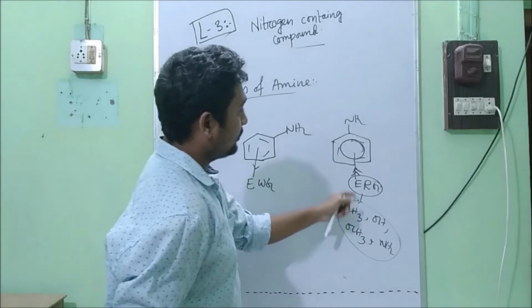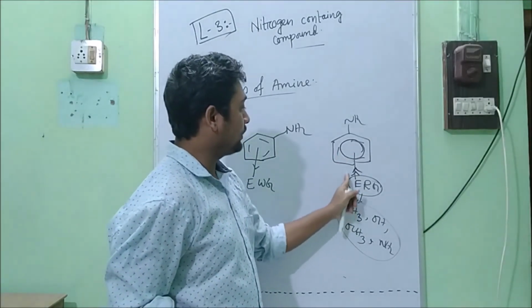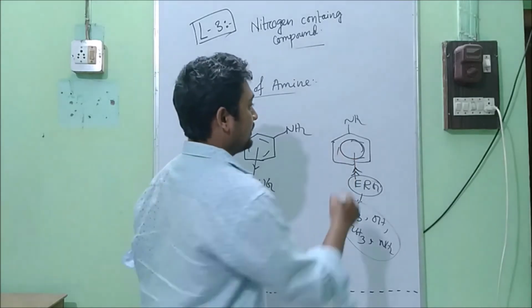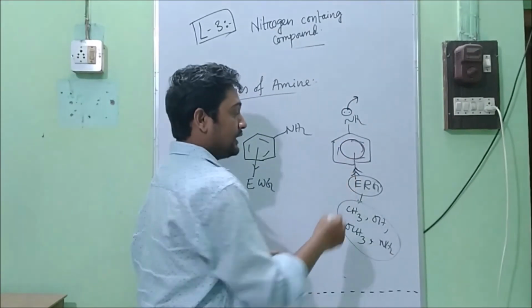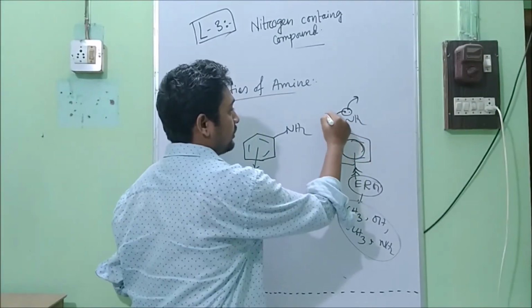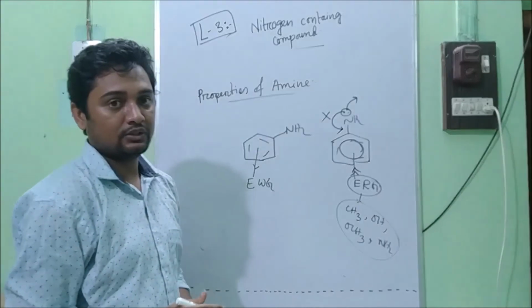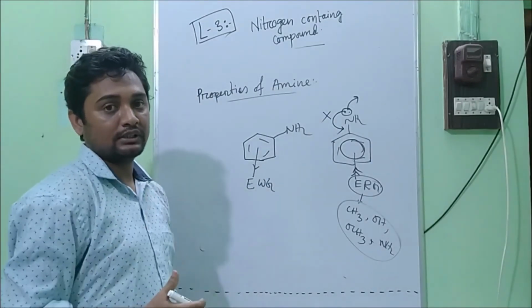If such a group is present on the benzene nucleus, then it will donate electrons towards the benzene ring. Then this lone pair will be more available because the benzene nucleus is getting electrons from this group, so the lone pair will have less tendency to come into the resonance.